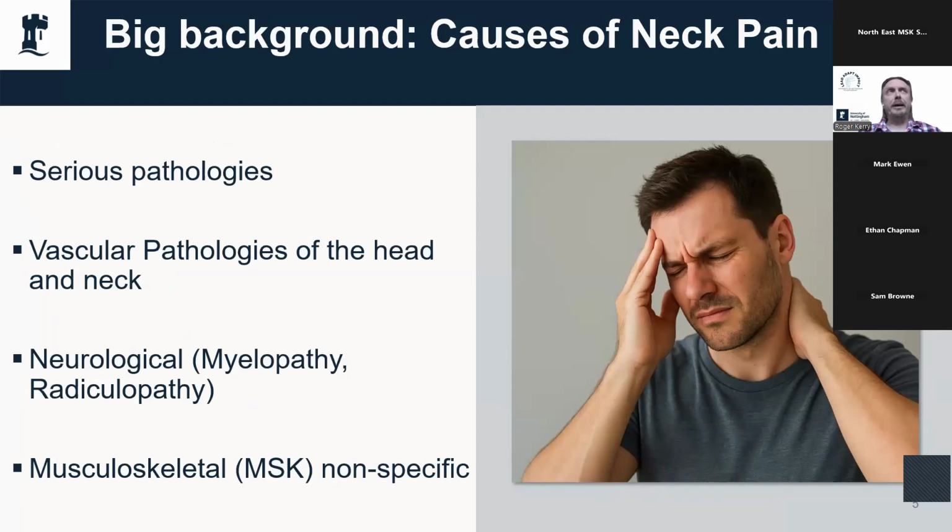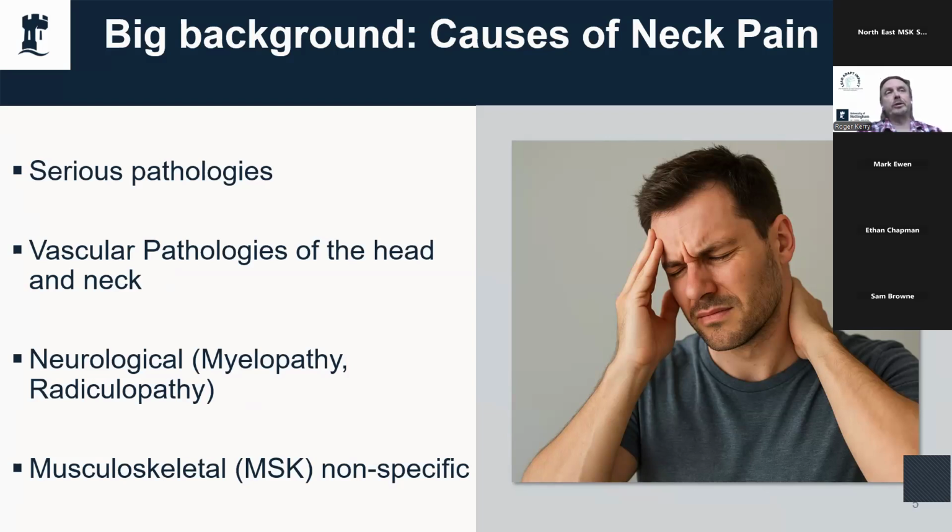So we do need to think about how many of those millions of people get serious pathology. And as I say, not many. We'll look at some specific data, but getting detailed data on rare stuff is by definition hard because it's rare. But we know that most of the serious pathologies are rare.